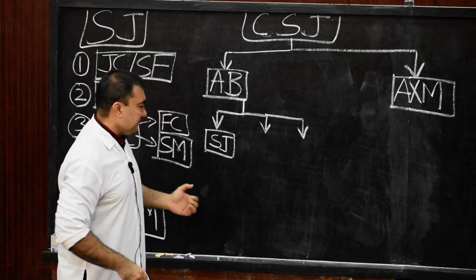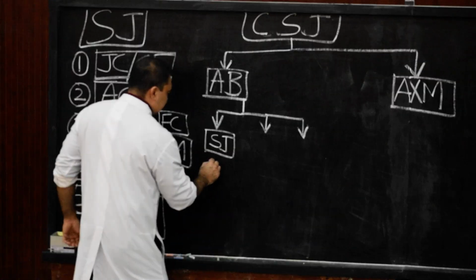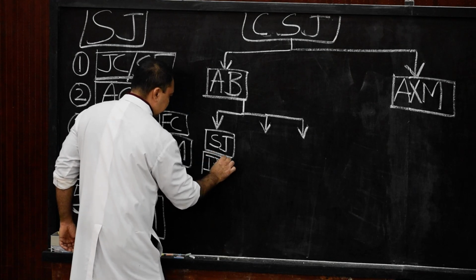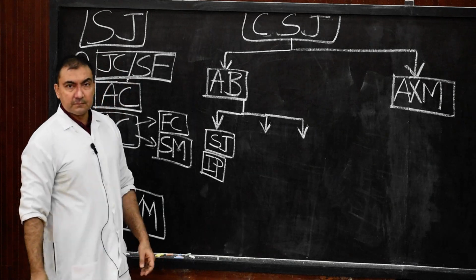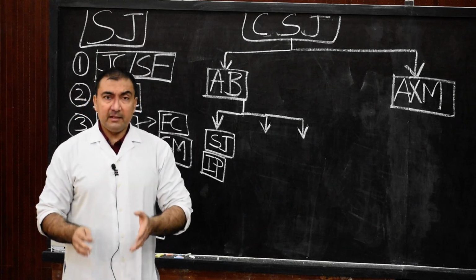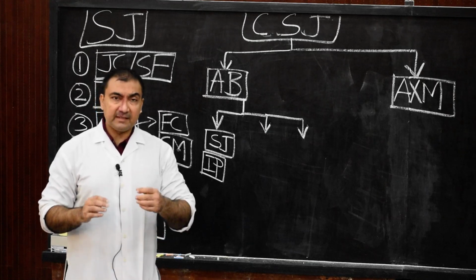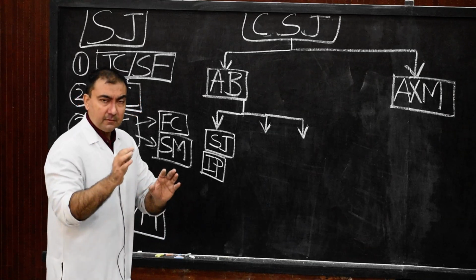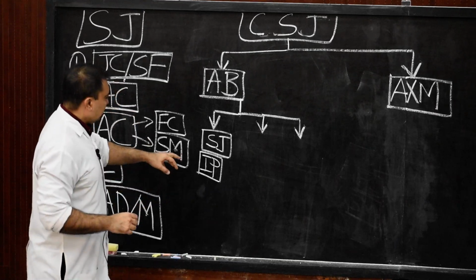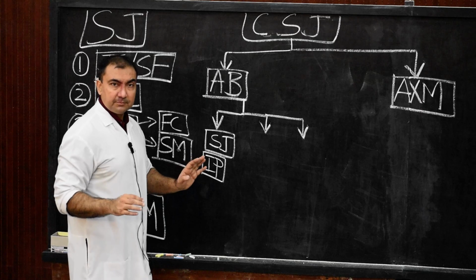For example, the interphalangeal joints of the digits present in the hand and feet. This is the example of a simple joint. Only two bones are coming in articulation.